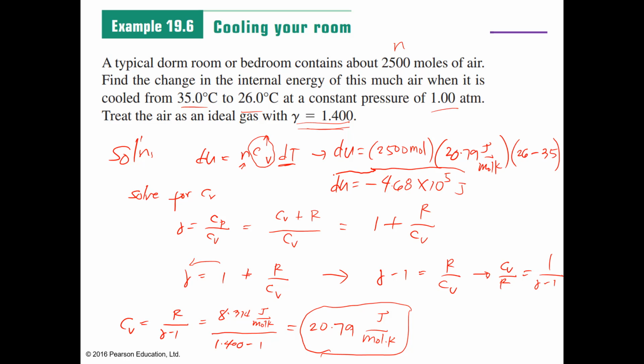So this is now the change. In order to change its temperature from 35 to 26, meaning to cool your bedroom, you need to remove energy of around 4.68 times 10 to the 5 joules. So that is the change in internal energy. Okay.